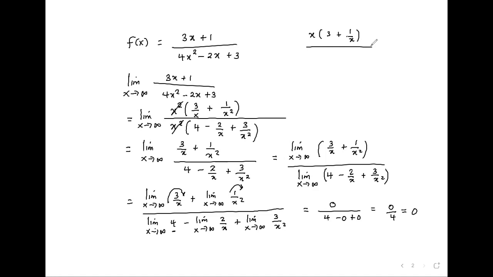And then down it would become 4x minus 2 plus 3 over x. So it still can't make sense, because when you start pressing the limit, you have infinite on top, you have infinite down. Of course, you put 1 here because you're factoring out. But this won't help us.